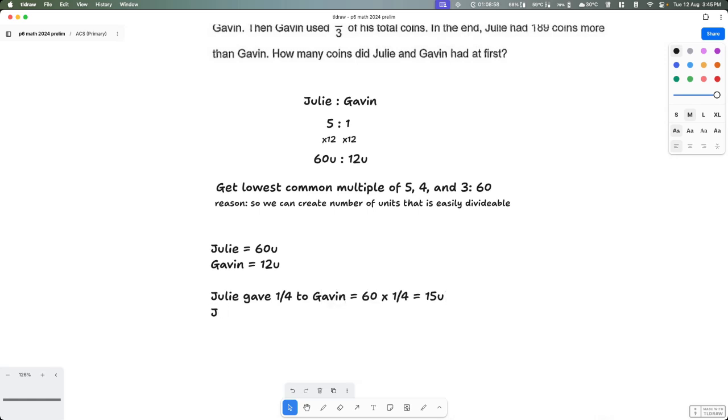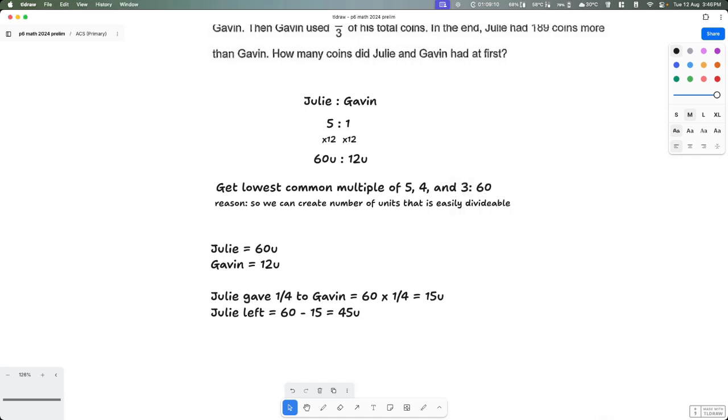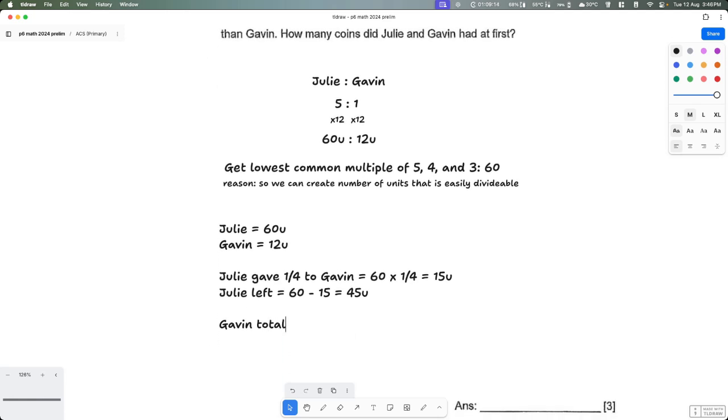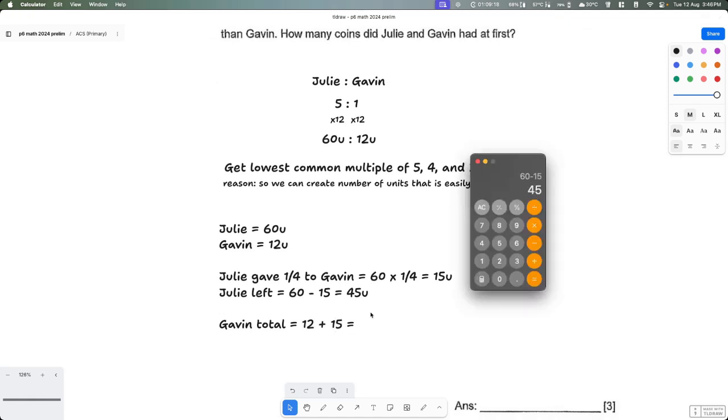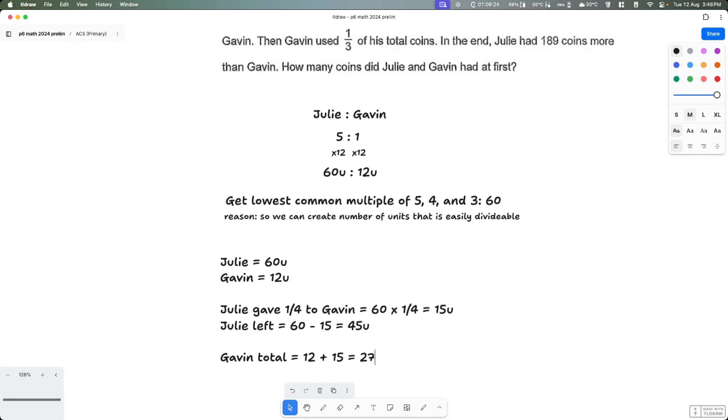Julie left is equal to 60 minus 15, which is equal to 45 units, right? And then Gavin's total is equal to 12 plus 15, which equals 27.